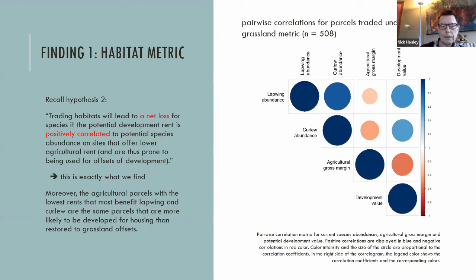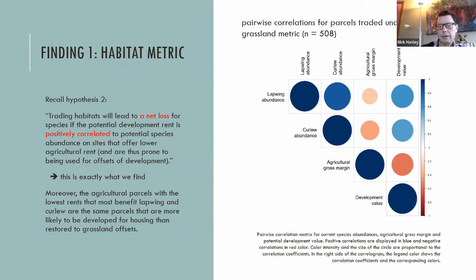And what that means is our intuition led us to predict that would result in a habitat-based metric driving down species numbers, and that's exactly what we see. Moreover, the agricultural parcels with the lowest rents that most benefit lapwing and curlew are the same parcels that are more likely to be developed for housing than restored to grass and offsets.